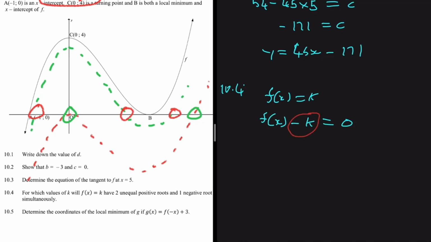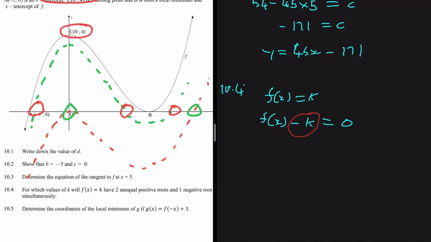Let me show you something. Let's say, for instance, k is minus 1. If k is minus 1, then we're going to have f of x minus minus 1 equals 0, so f of x plus 1 equals 0. And then you will realize that if we have f of x plus 1, we are actually moving our graph up, and we don't want that. We want to move our graph down.